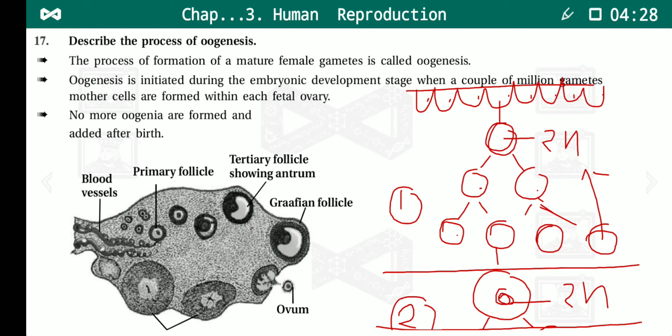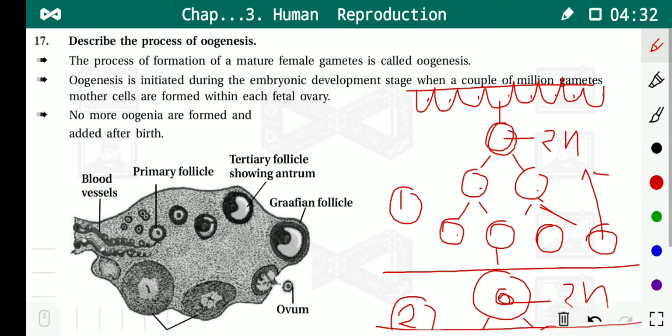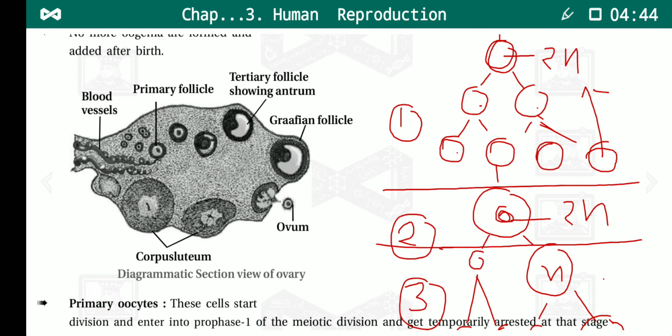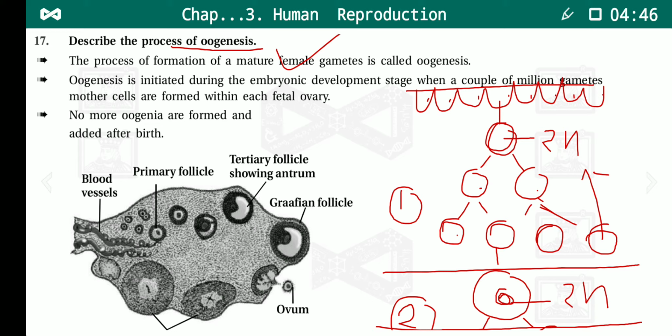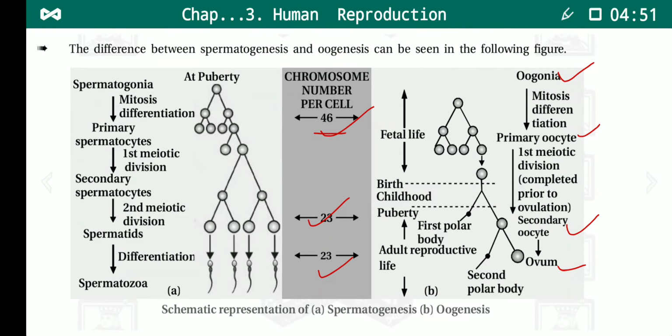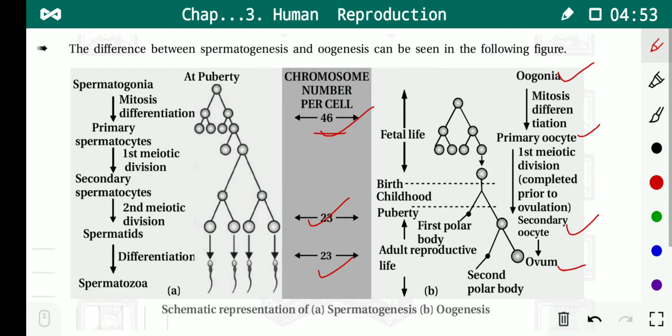Next topic is the process of oogenesis. Here I have drawn a diagram. First is the germinal epithelial layer.